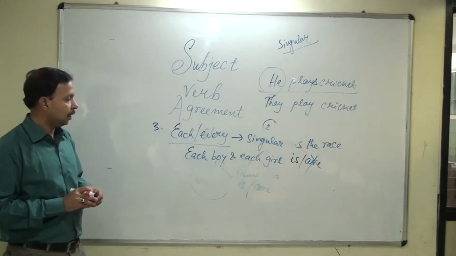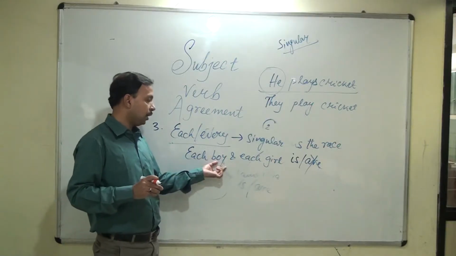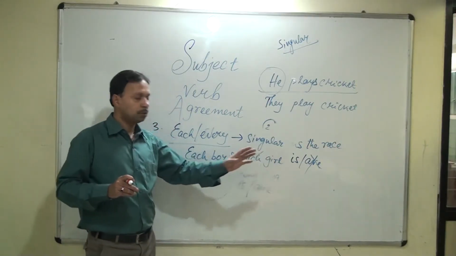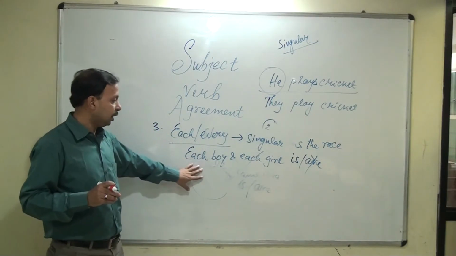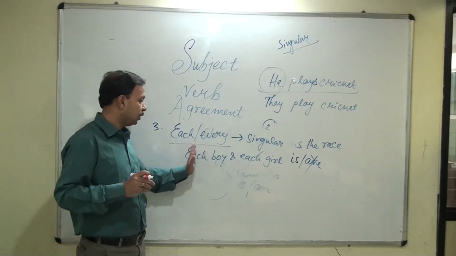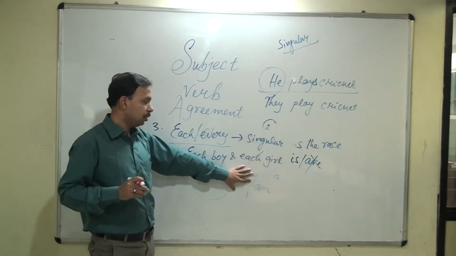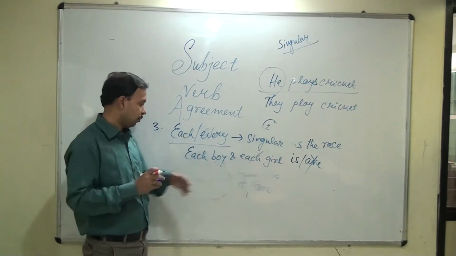Now if there is any confusion regarding two different identities, for example boy as well as girl, we do not mind about that. We should be concentrating only on the one word and that is each, that is always followed by boy or girl. At that time we have to use the singular verb over there.